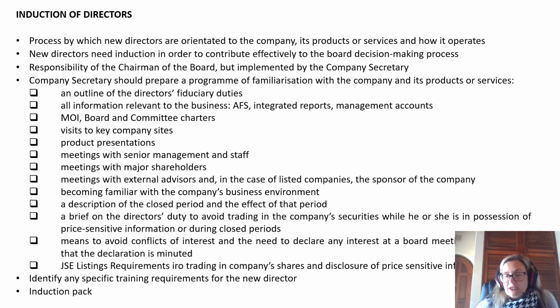What it means to be in conflict with the company in terms of a conflict of interests, how we deal with conflicts of interest, the need to declare those interests, and to be recused from any decisions that are made where there is a conflict, and all the listings requirements relating to price sensitive information and the trading in the company's shares, and any training requirements that might be specific to that particular industry.